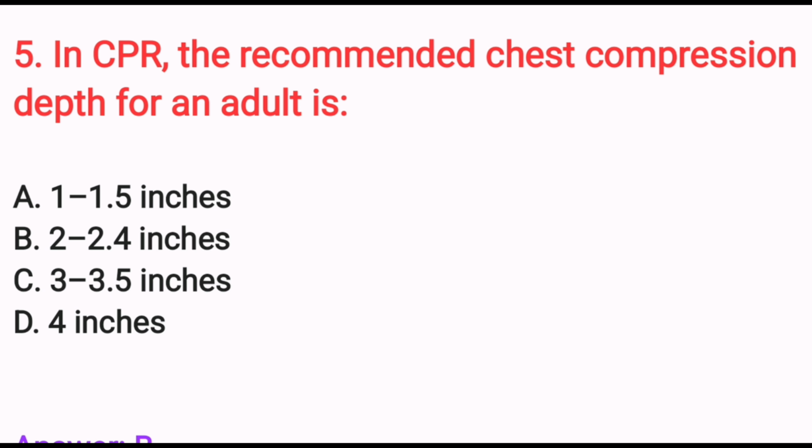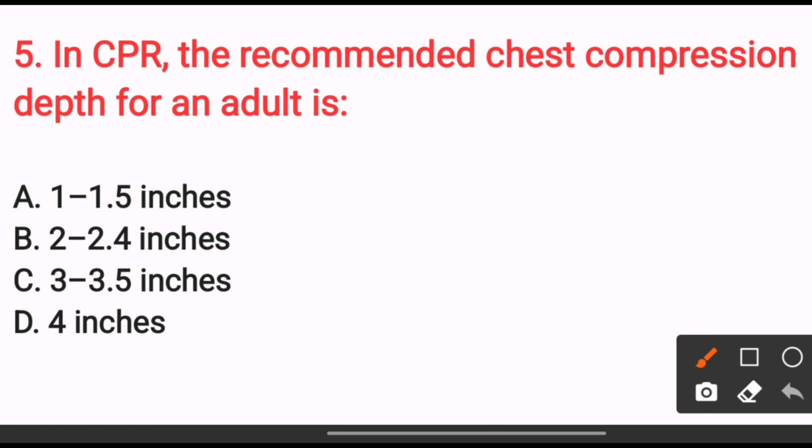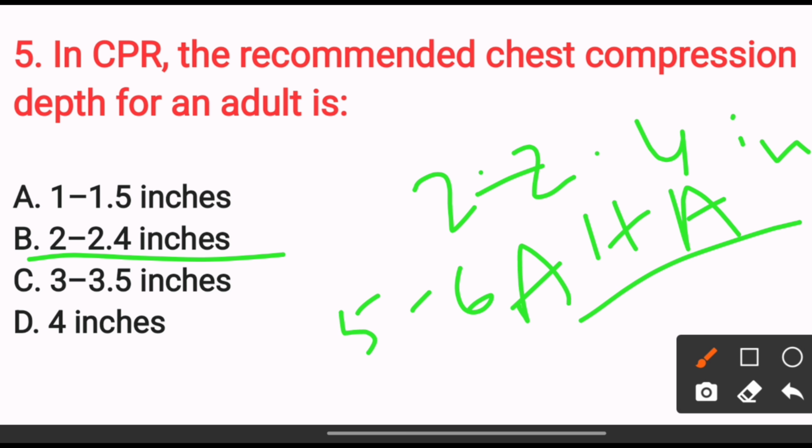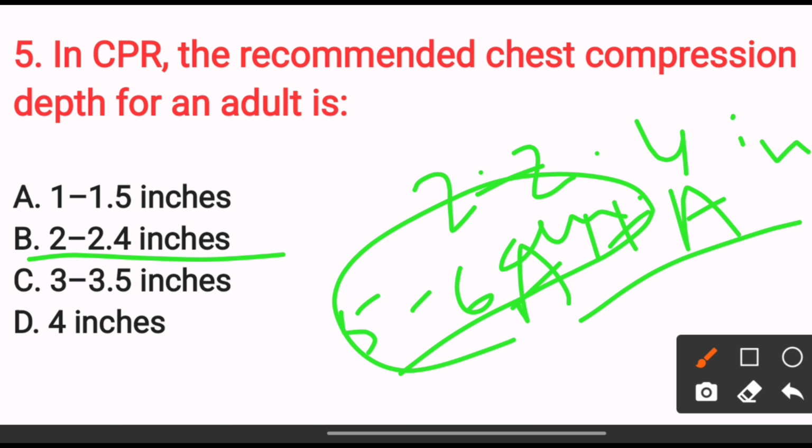The answer is option B, 2 to 2.4 inches. According to AHA, American Heart Association guidelines, adult chest compression should be 2 to 2.4 inches. If they are asking in centimeters, 5 to 6 centimeter depth.